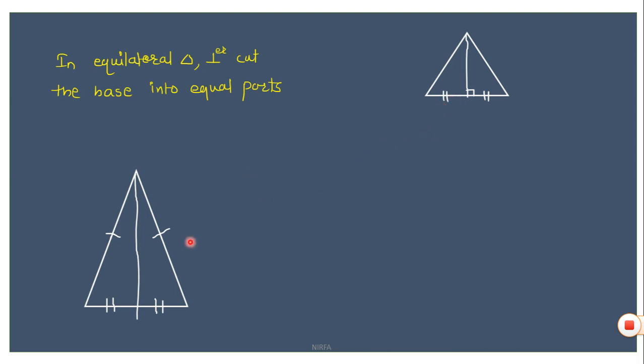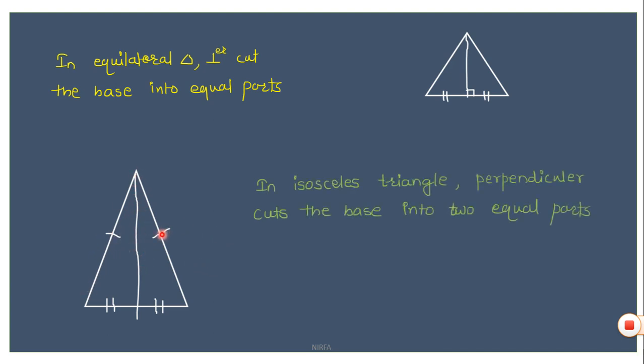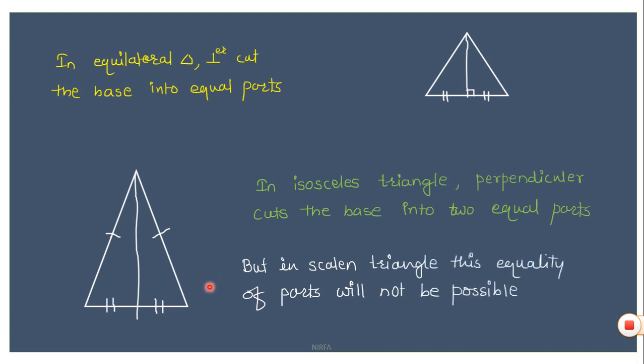Instead of an equilateral triangle, if I consider an isosceles triangle, then also since this side and this side are equal, the perpendicular cuts the base into two equal parts. But in a scalene triangle, the equality of the parts of the base will not be possible.